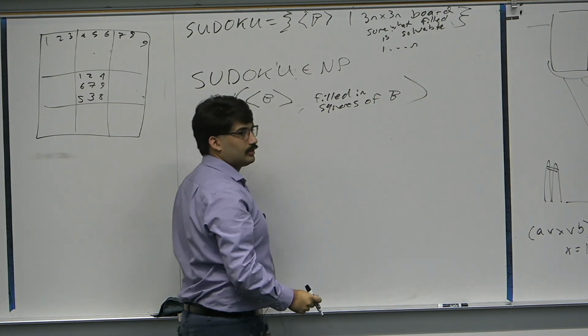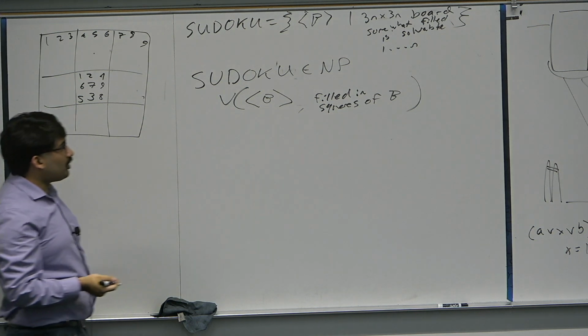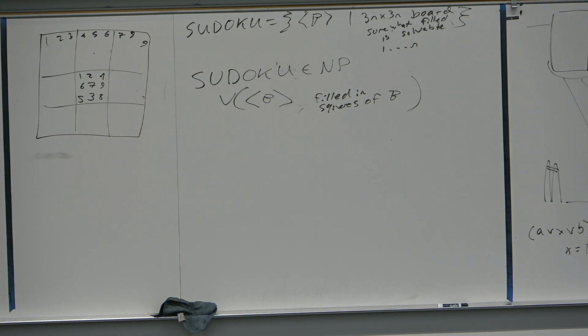Okay. Right. Let's just say that. You just plug and chug and you check that there is no inconsistency. Why does this take polynomial time? If you have a 3n by 3n board, each square touches a row of size 3n, a column of size 3n, and a square of size n squared. So that's polynomial, right? So what is that going to check?